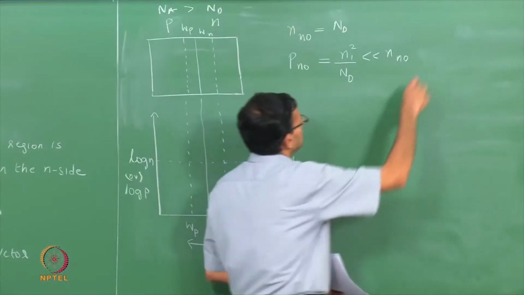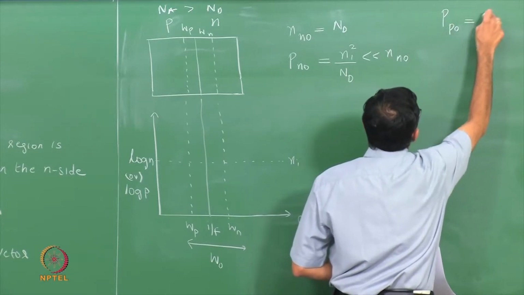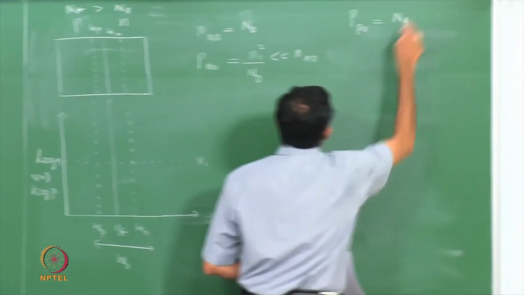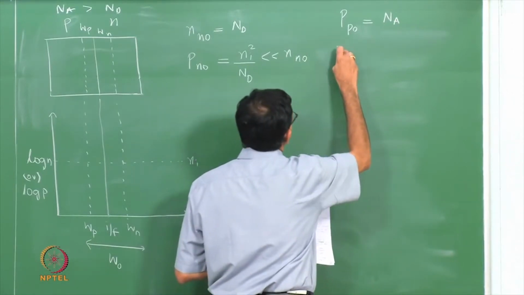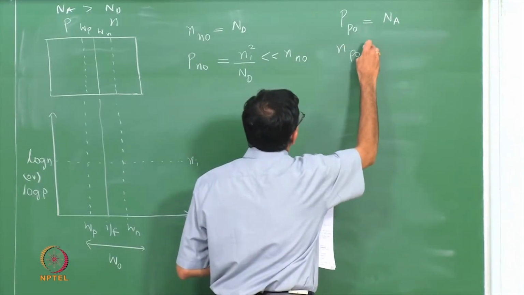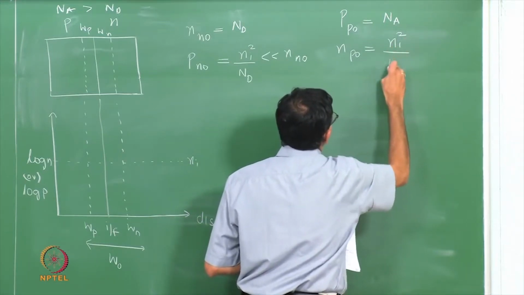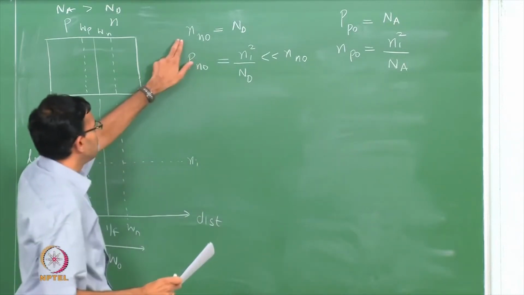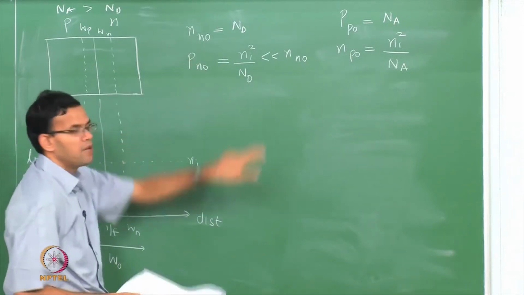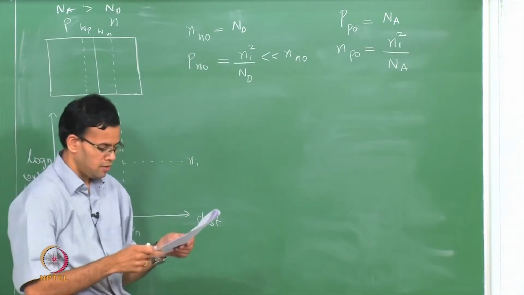Similarly, the concentration of holes in the p side is just Na, and the concentration of electrons in the p side is just Ni square over Na. So, these are all just notations, but we have done these calculations before when we looked at extrinsic semiconductors.